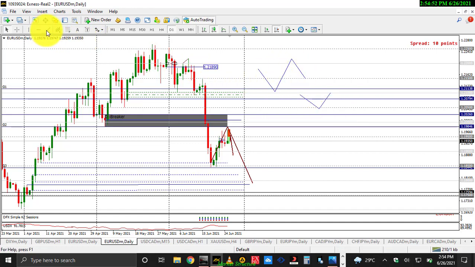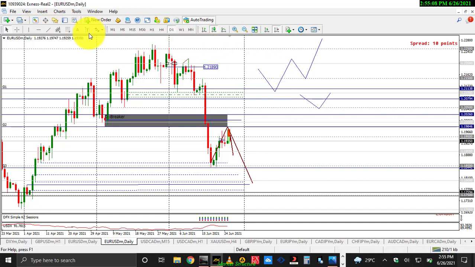Now the next movement that we are getting, we should expect this high to be taken out. Now that's for a bullish standpoint. As I said, it should depend on where price is coming from.